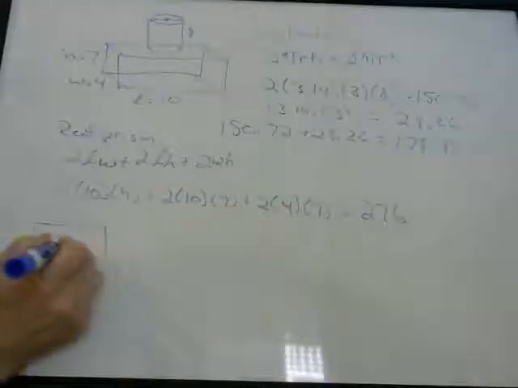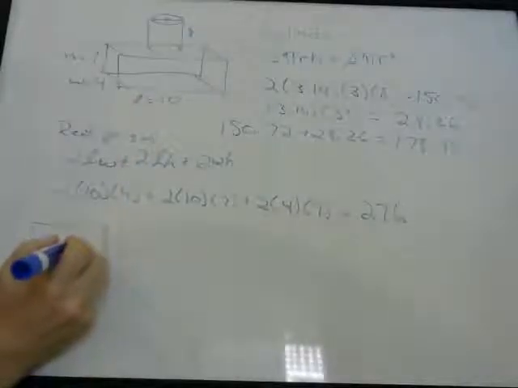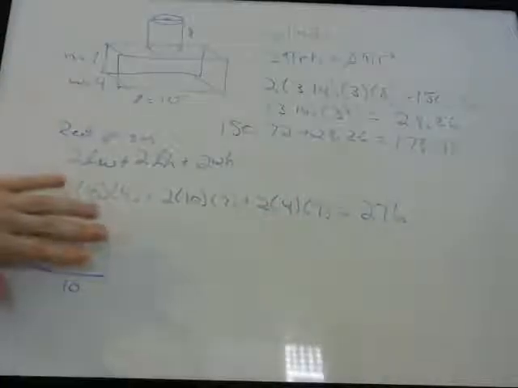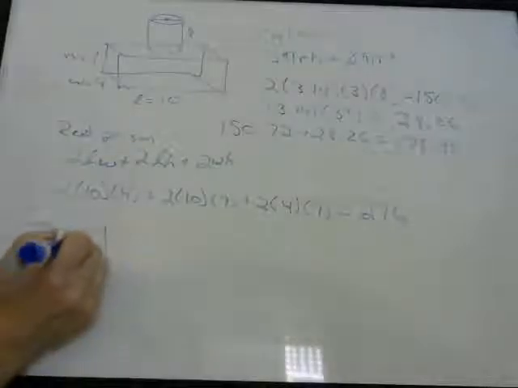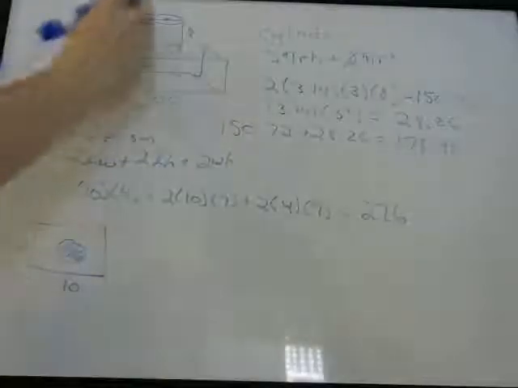Remember, this has a diameter of 6, so radius of 3, and the box has the dimensions of 4 and 10. We're looking straight down on top of this figure, and we're going to take out this area right here. How do we find the area of that? It's just the area of a circle with radius 3, right?